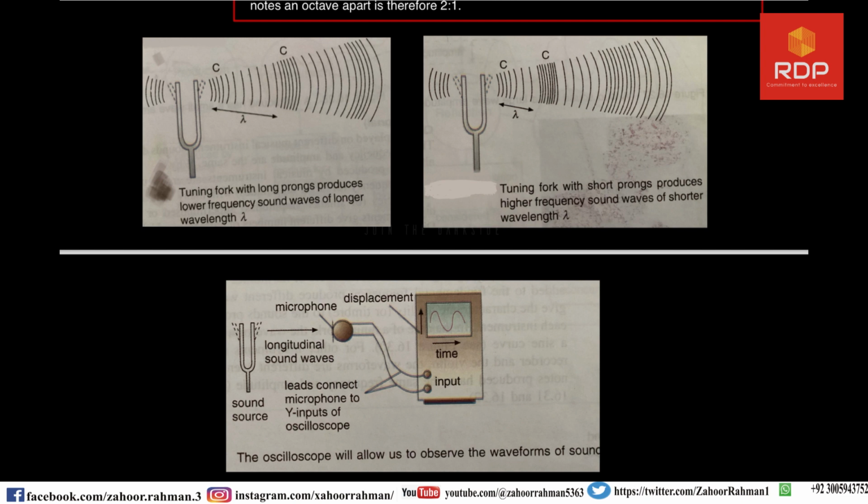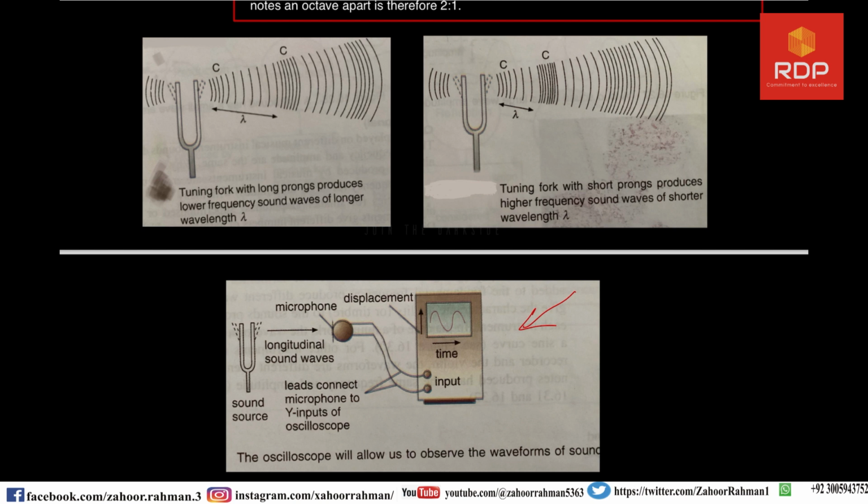In order to observe the waveforms of sound waves of different frequencies, the usual method is to allow these sound waves to strike a microphone, which then converts the sound energy into electrical energy fed into a cathode ray oscilloscope, as shown in the figure.